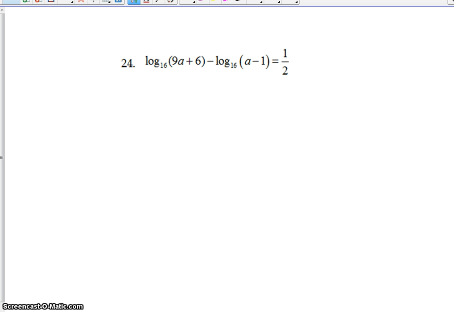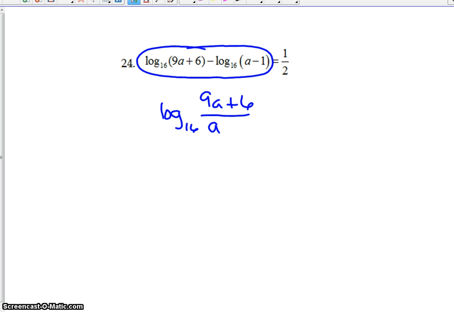Okay. Same idea here. I can't just cross off because there aren't any logarithms on the right side. But what I recognize is I can combine two logarithms that are being subtracted into division. And when I do this, now I'm creating a situation where I just have a single logarithm. So let's switch it to exponential.